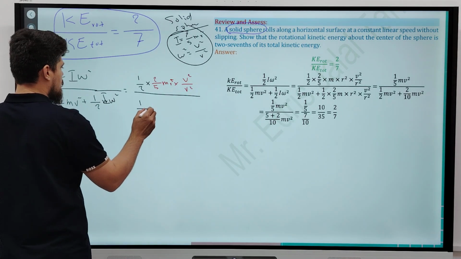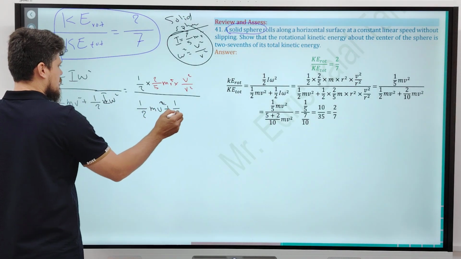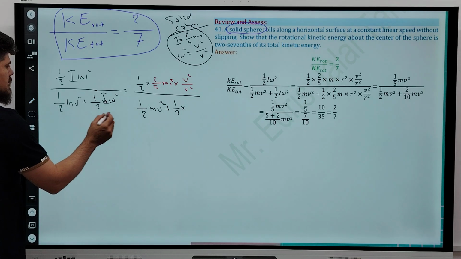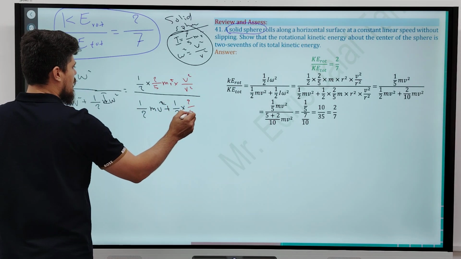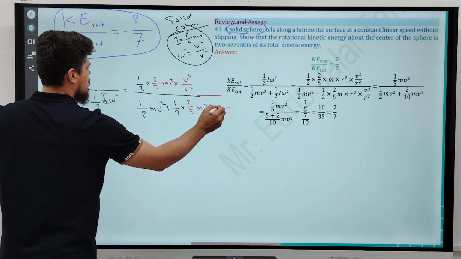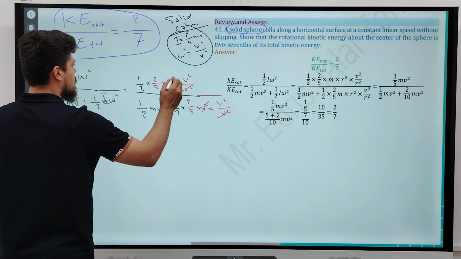And in the denominator, write down 1/2 mv squared plus 1/2 times rotational kinetic energy, I is equal to 2/5 mR squared times V squared over R squared. R squared cancels, R squared cancels.